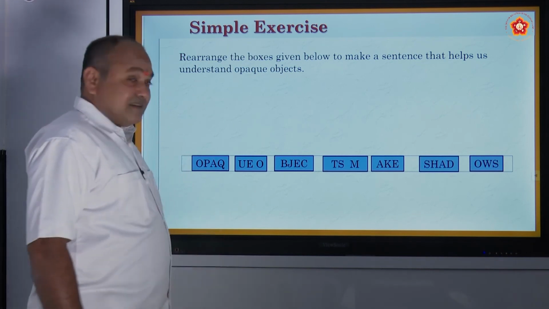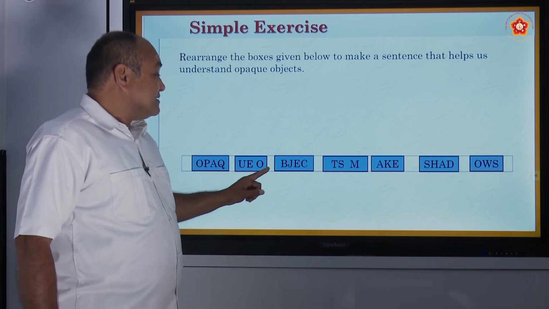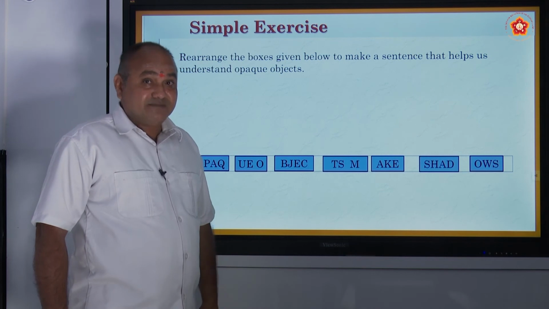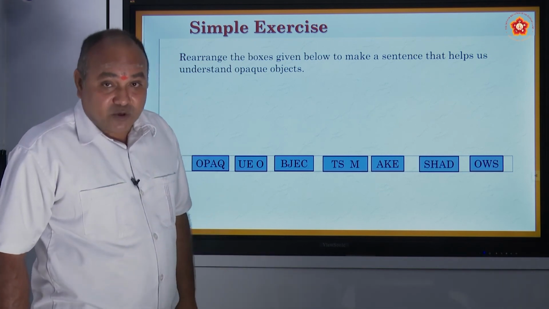So what is this exercise? The answer for that is opaque objects make shadows. Isn't it correct? Yes. Opaque objects make shadows.